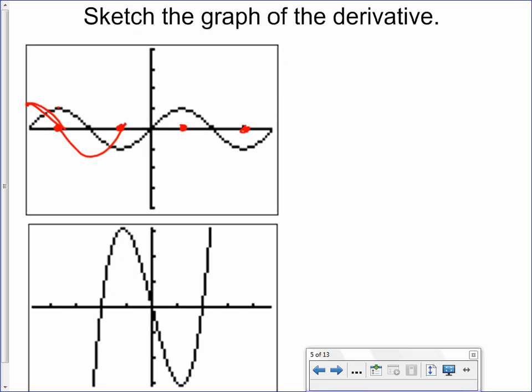So the graph of my derivative is going to increase to about 1 and come back down to 0. What about the next subinterval? Is the derivative going to be positive or negative? Negative, because the function is decreasing, so the slopes are all negative, and it's going from 0 to about -1 and back to 0.